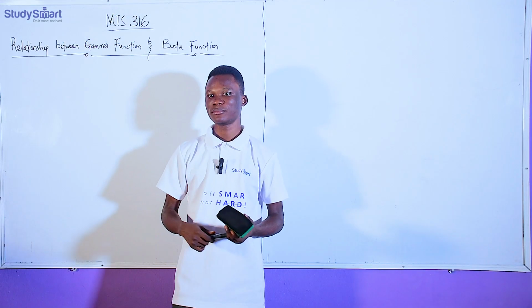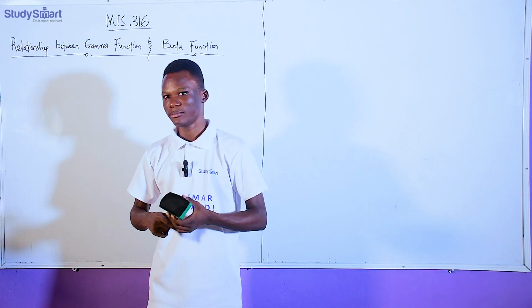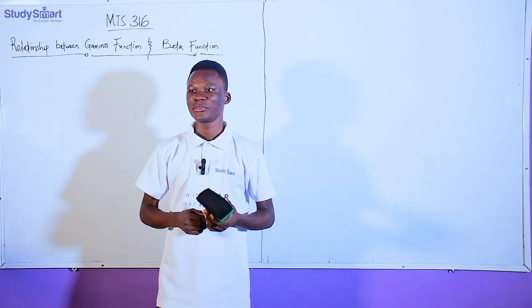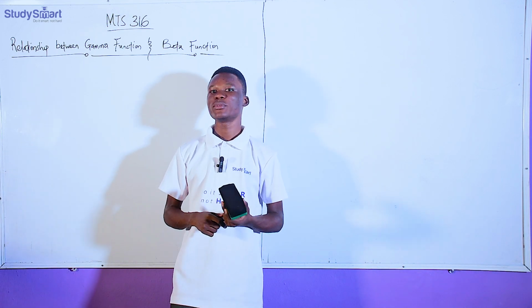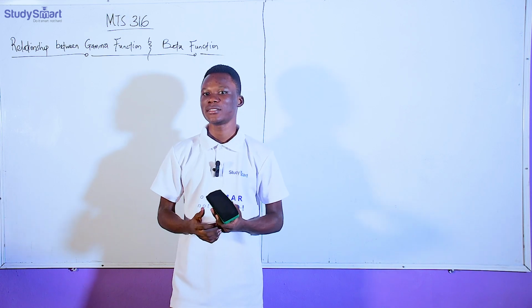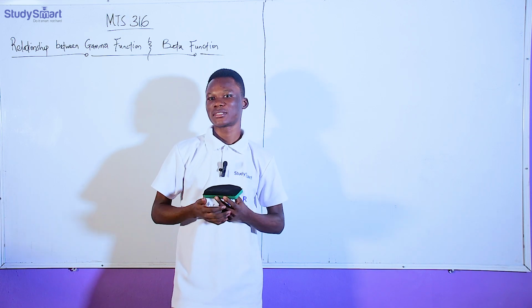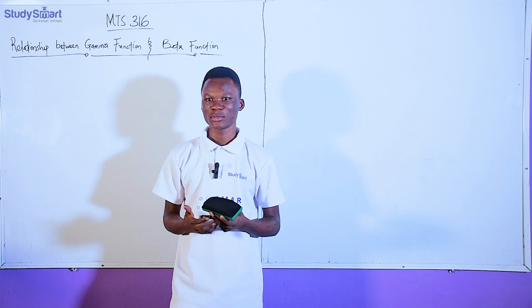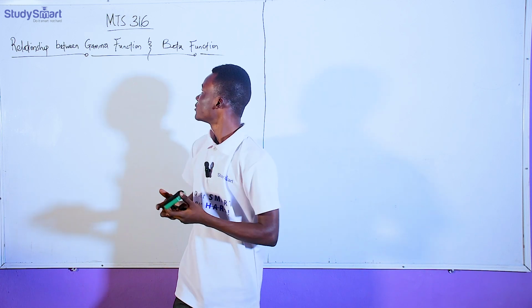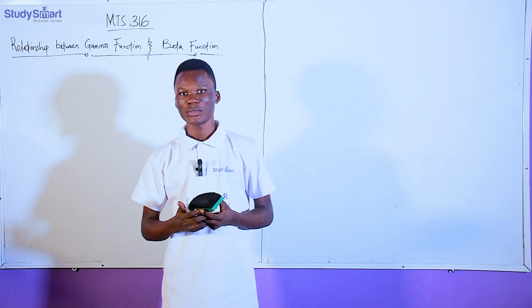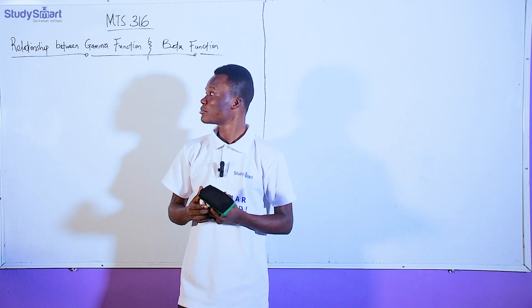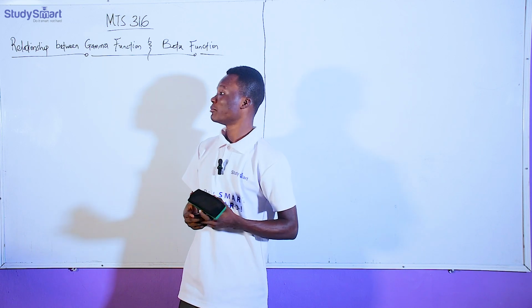We have dealt with gamma functions and beta functions from a previous video, and I've always explained that these two are a twin. So now there is a connectivity between them, which is a relationship. Now in this tutorial we're going to be treating the relationship between gamma function and beta function.